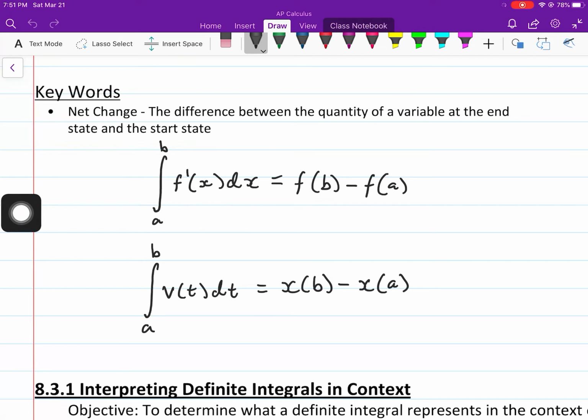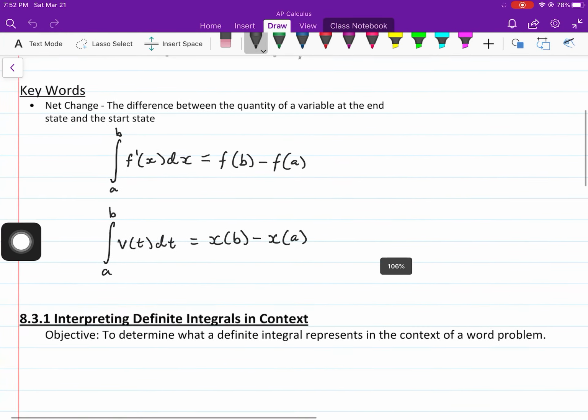So if they're saying the rate of water pouring out of a pipe is this, what's the amount of water, what's the net change in the water, that kind of stuff, that's asking basically for you just to integrate.